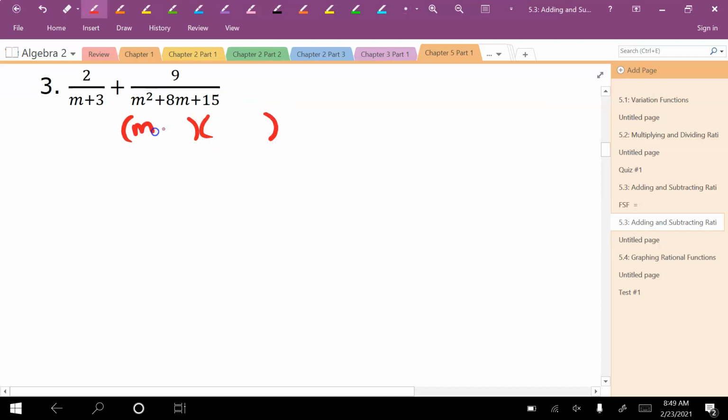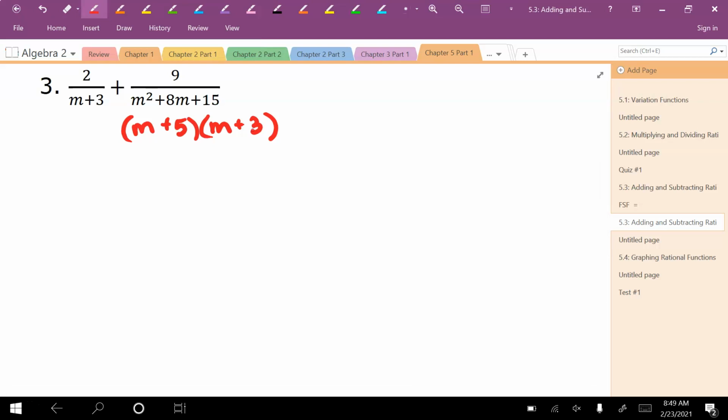What are two numbers that multiply to 15 and add to an 8? So it factors to m plus 5, m plus 3. So what is my common denominator going to have to be? What do both fractions need in the bottom? M plus 5. And they already both have an m plus 3.